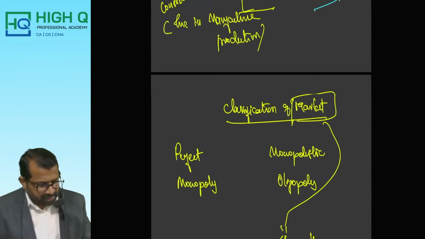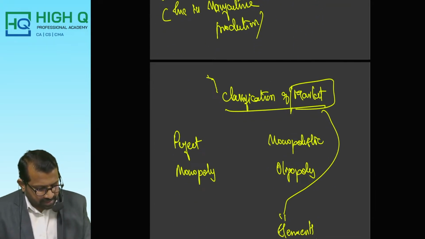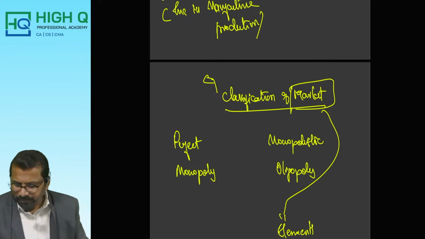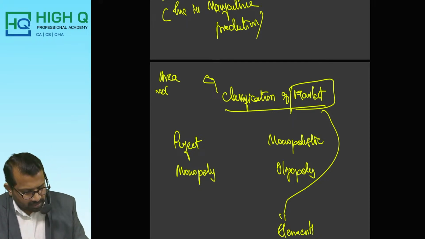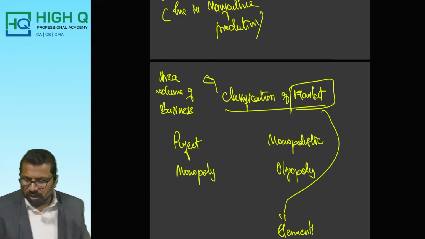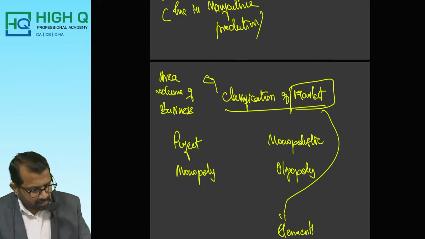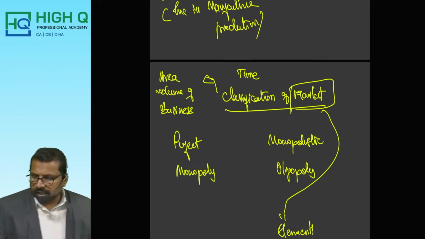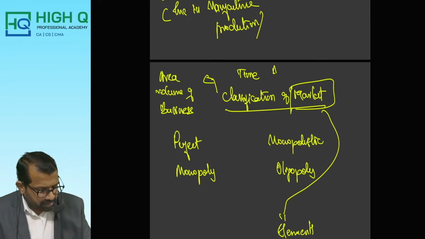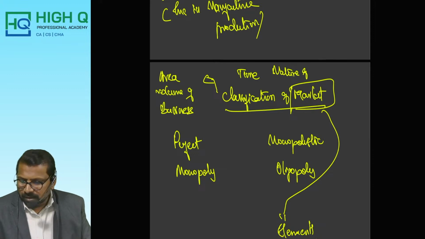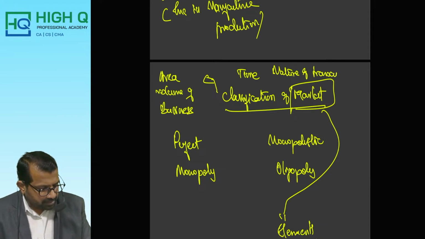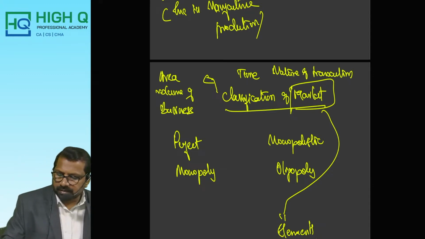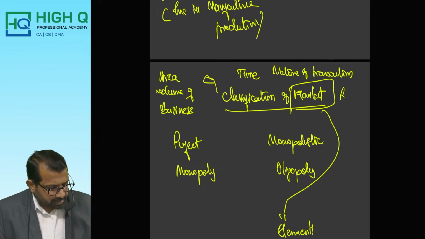Classification of market. Apart from market structure, there are various classifications. One is area, another is volume of business, third is time, fourth is nature of transaction, then regulation and competition.